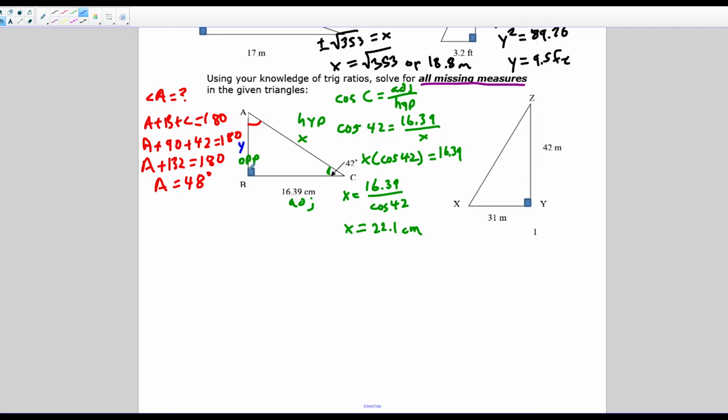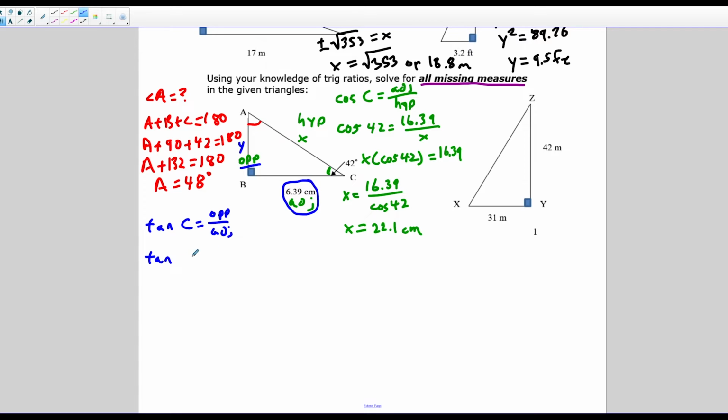Now moving on to side Y, we're now looking for the opposite side. So again, using the side that we know for sure is correct, we're going to use the 16.39. So we're now looking at opposite and adjacent, which means that we're using the tangent ratio. So tangent of angle C is equal to opposite over adjacent.